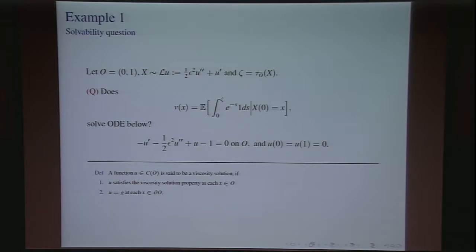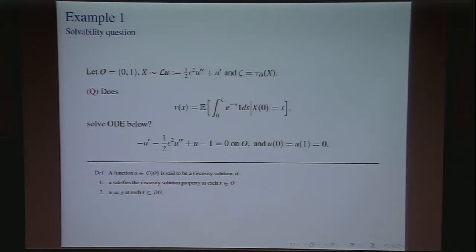All right. Now I'm going to go through the talk with an example which I can explain to a first year calculus student. We talk about just the one-dimensional unit interval, 0 to 1, O. And X corresponds to this generator.